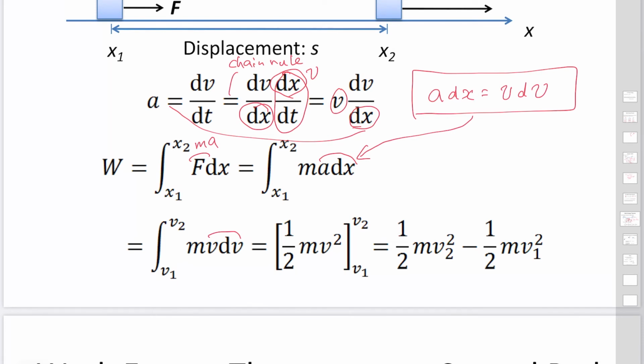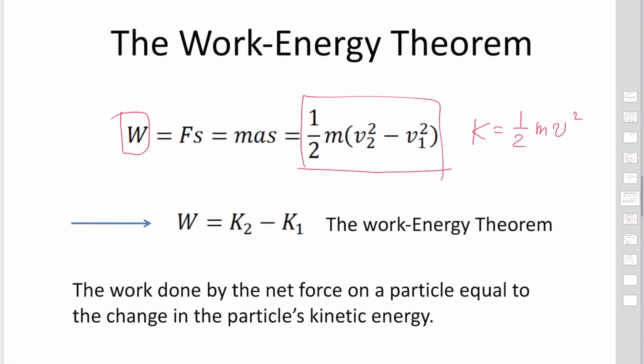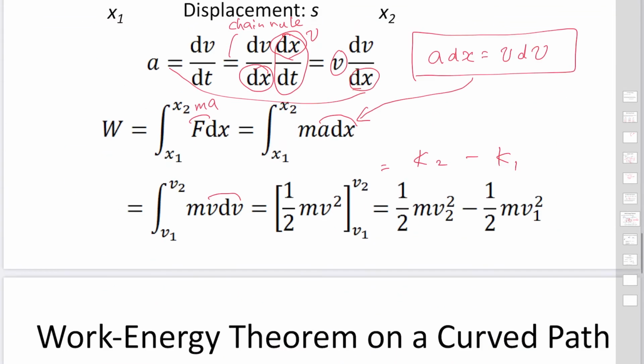It becomes 1 over 2 m v sub 2 squared minus 1 over 2 m v sub 1 squared, which is K sub 2 minus K sub 1. So we can still use the work-energy theorem when the force depends on position.